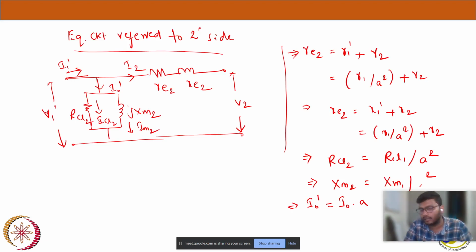These are all approximate equivalent circuits. How will you proceed? To determine the equivalent circuit parameters, we have 2 different tests, that is open circuit test and short circuit test. Now we will see which test will give us which parameters and why.